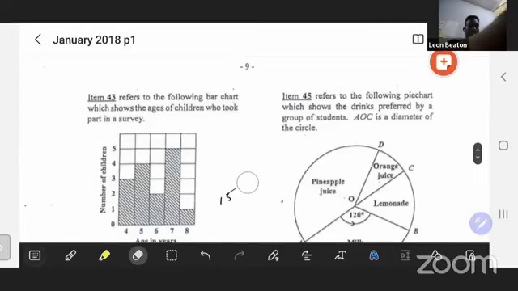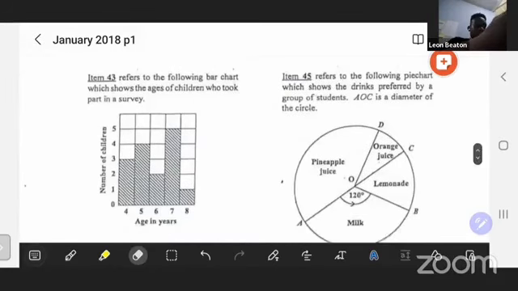All right, so we have item 45. Item 45 refers to the following pie chart, which shows the drinks preferred by a group of students. AOC is the diameter of the circle. That is important.